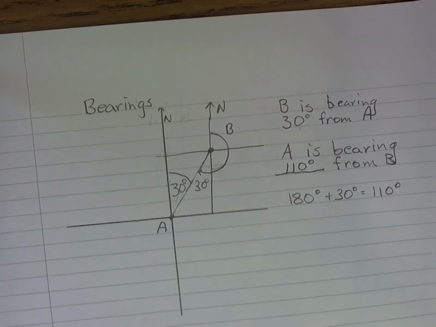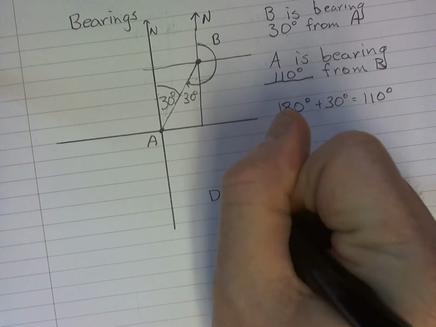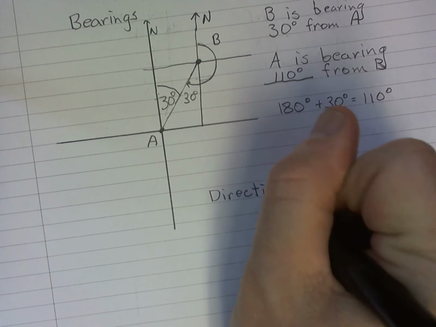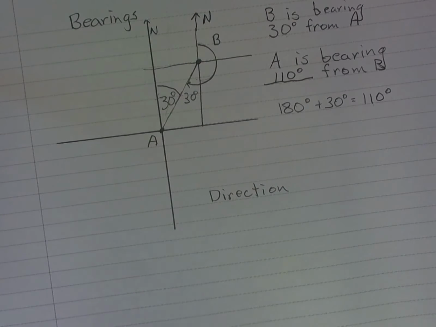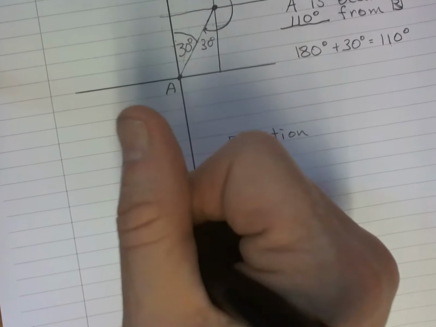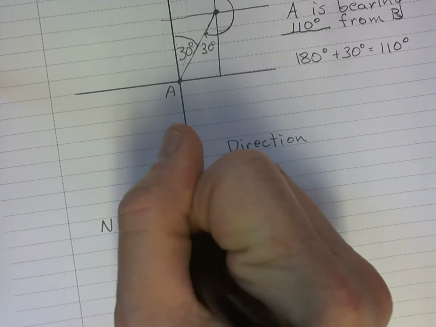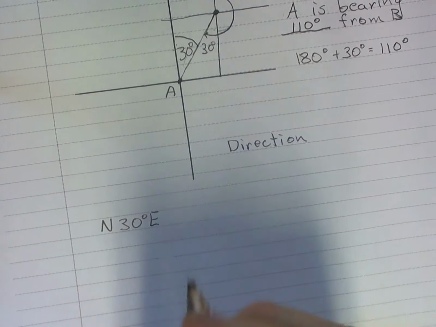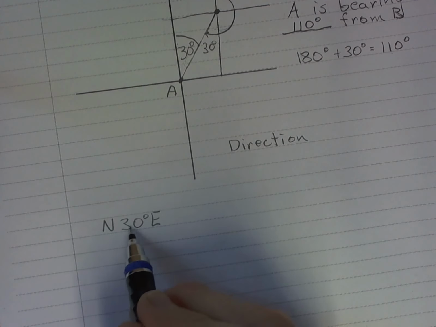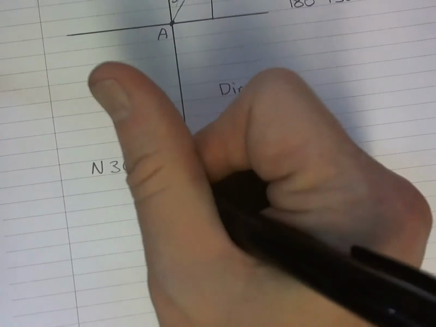And that's bearing. Now, we also can talk about the direction. Sometimes you'll see something like north, and then maybe you'll have 30 degrees east. Like this: north, 30 degrees east, or 30 degrees east of north is one way we could read that.